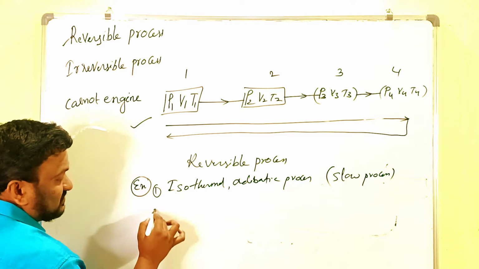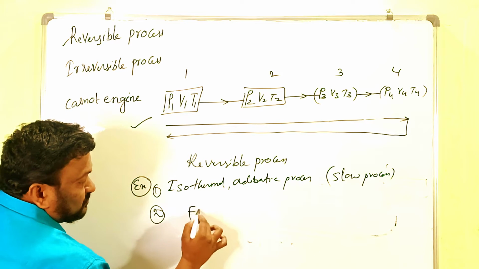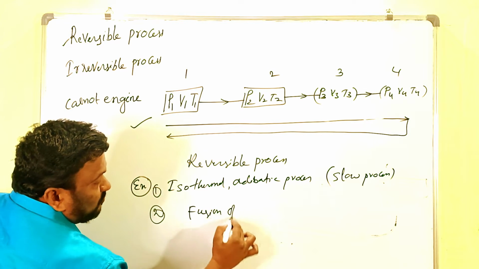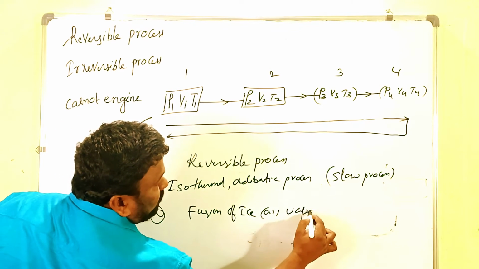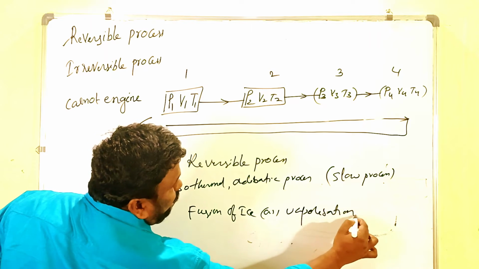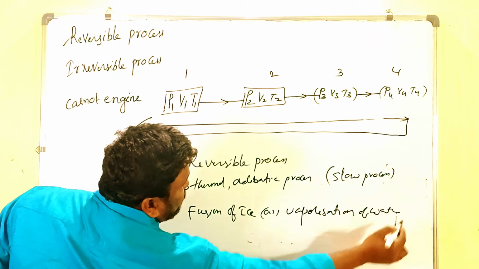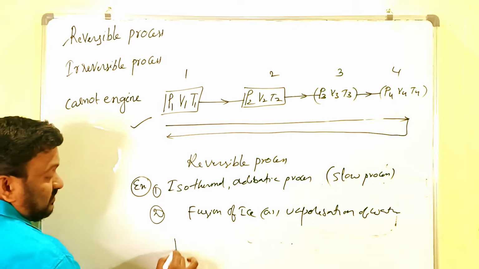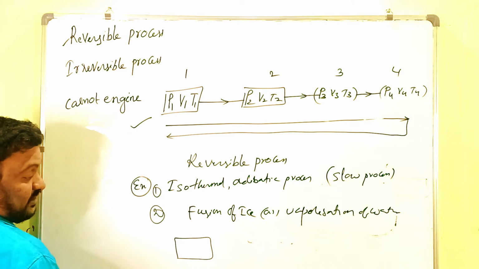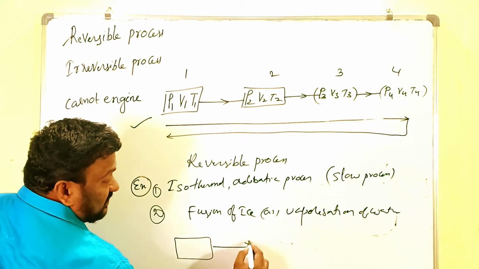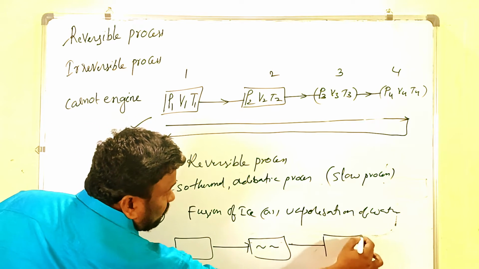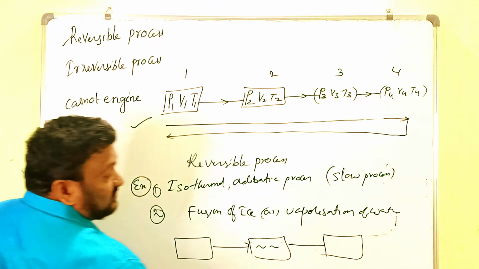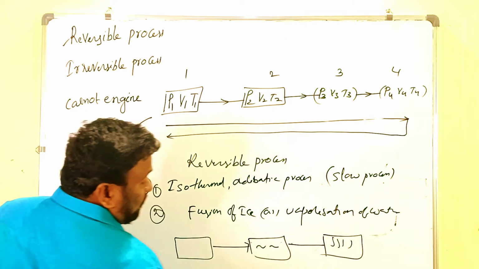The next example, children, is the fusion of ice or vaporization of water. All of you know what it is. If you give heat to ice, it turns into water. Again, if you give heat to the water, it turns into vapor.